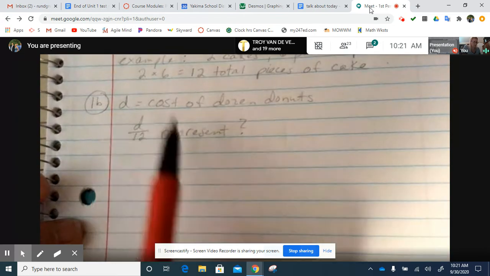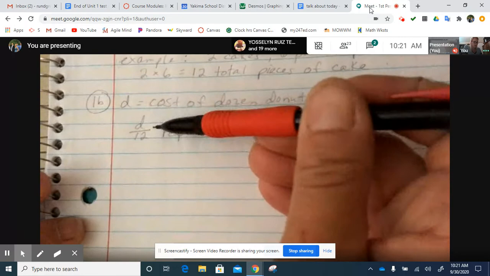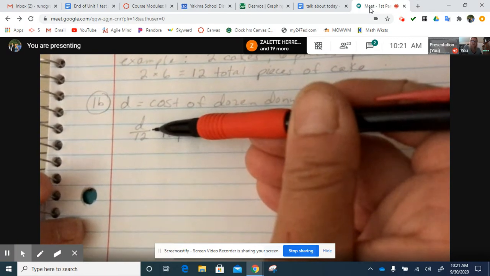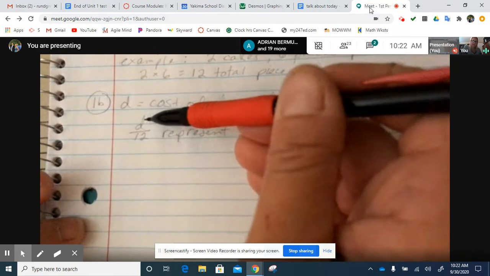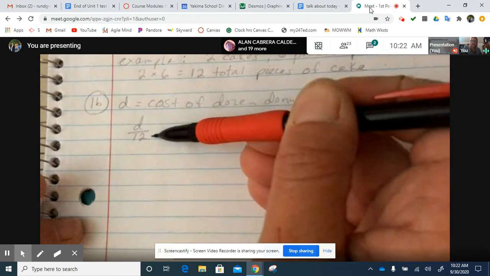So if D is the cost for a dozen donuts, here's our cost. And then what does a fraction line mean? What operation is that? Division, divided by. That's right. We're going to take that cost and divide it by 12. Why are we dividing it by 12?